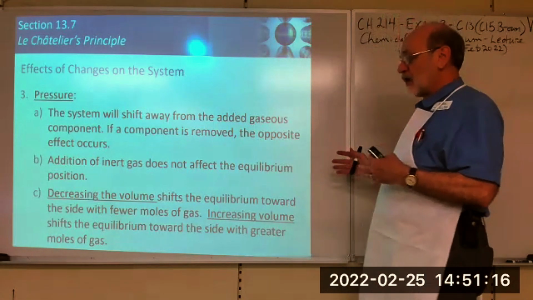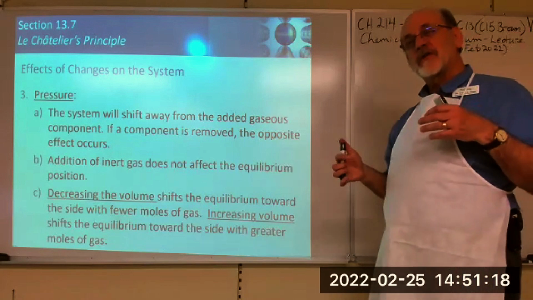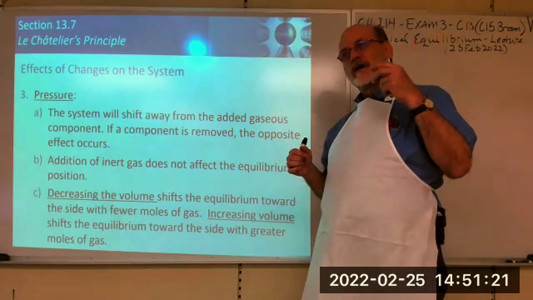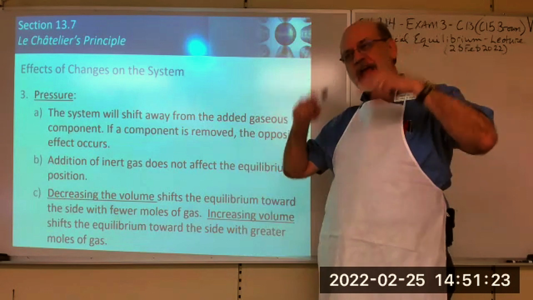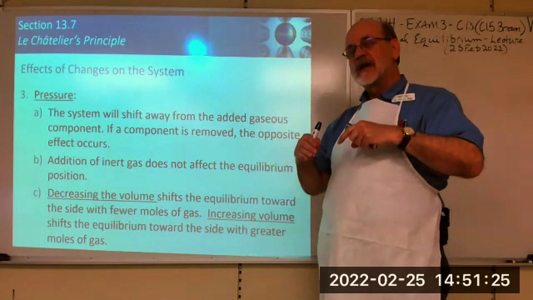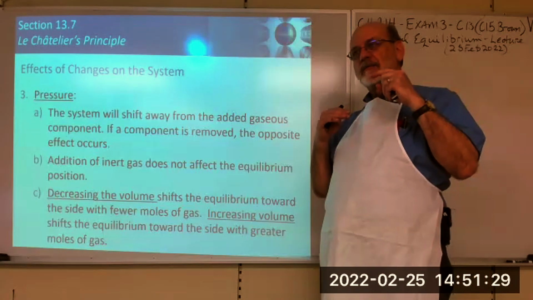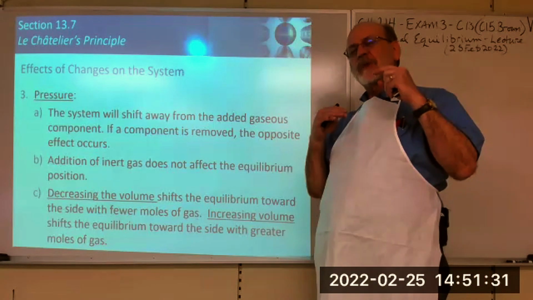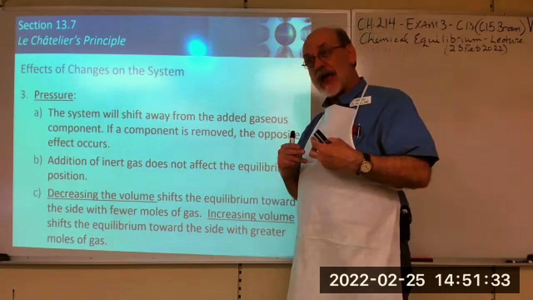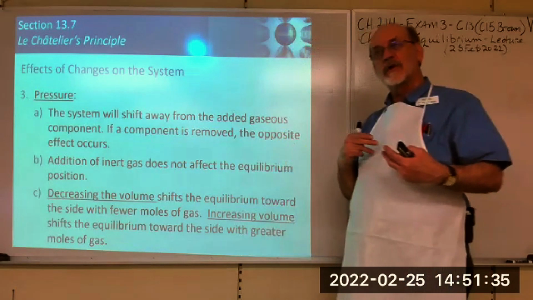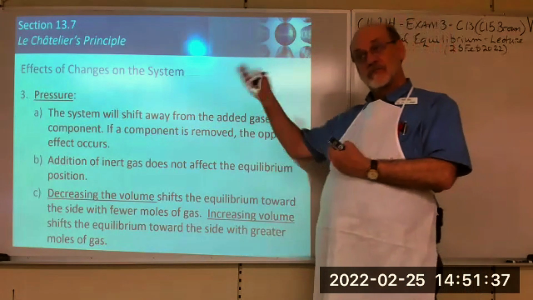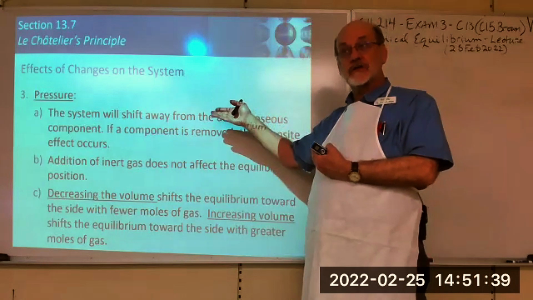If there are gaseous products, then it depends on how the change in pressure is imposed. It can be done by adding reactants or products in the gaseous form, which is covered in change in concentration, right?